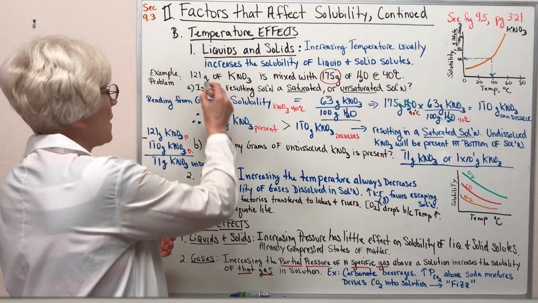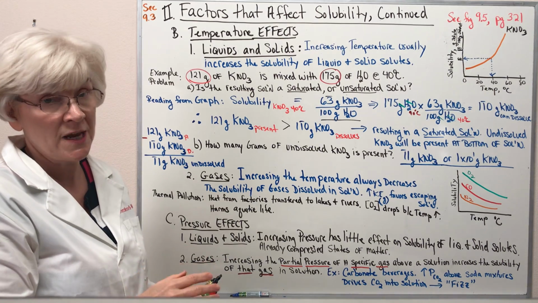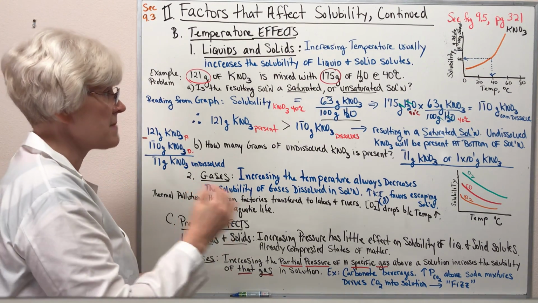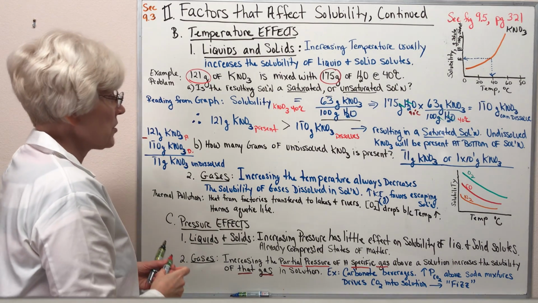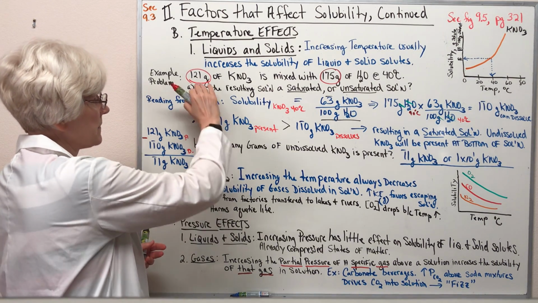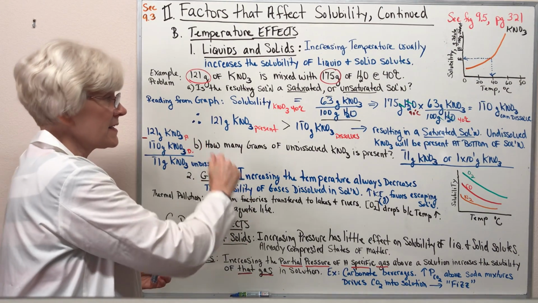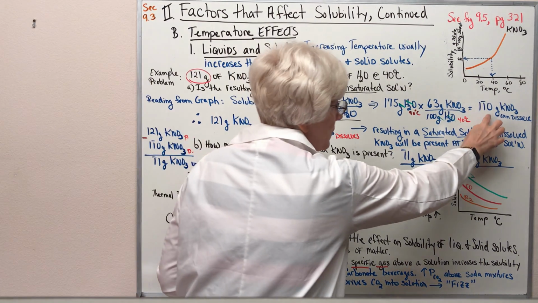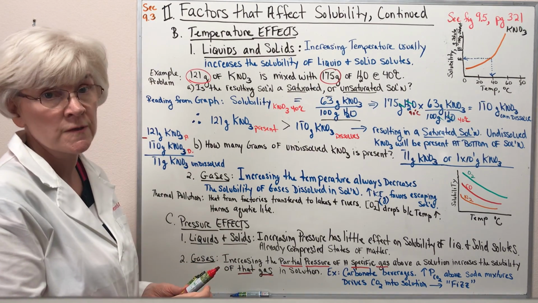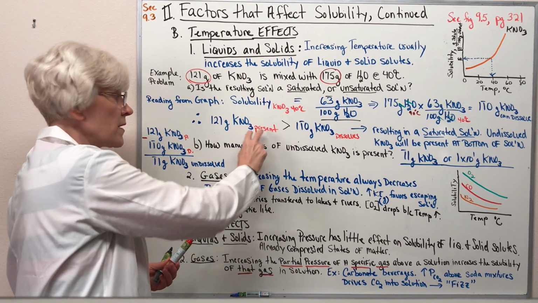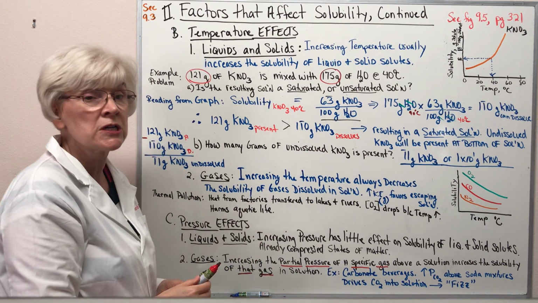Well, the problem told us that we had 121 grams of potassium nitrate mixed with 175 grams of water. So just doing the comparison, 121 grams of potassium nitrate is present in the mixture, but only 110 grams of potassium nitrate can dissolve. So clearly we have more solute present than is able to dissolve.